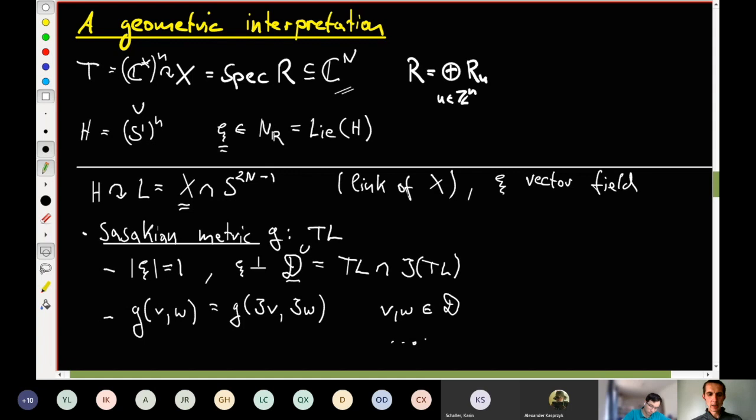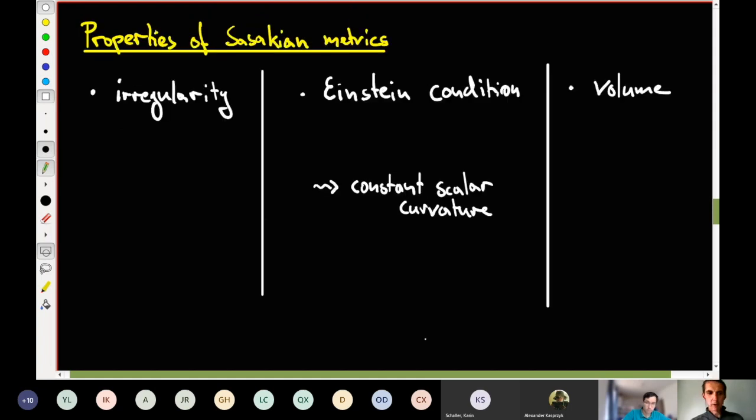Before going into details about this canonical choice, let me talk a little bit about properties of such a Sasakian metric. The first property I want to talk about is the volume.